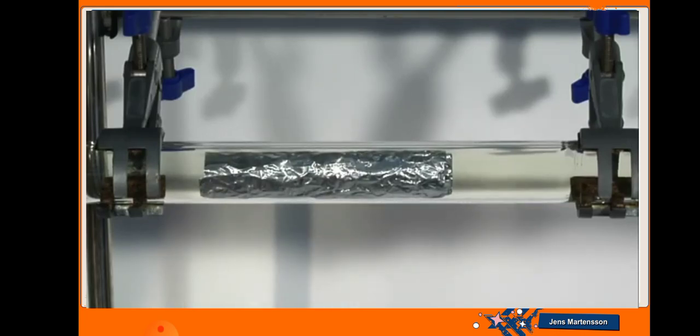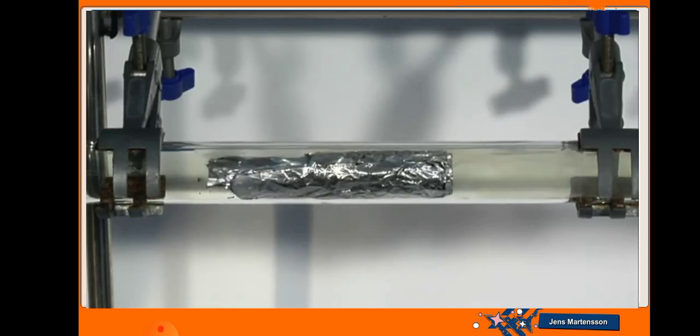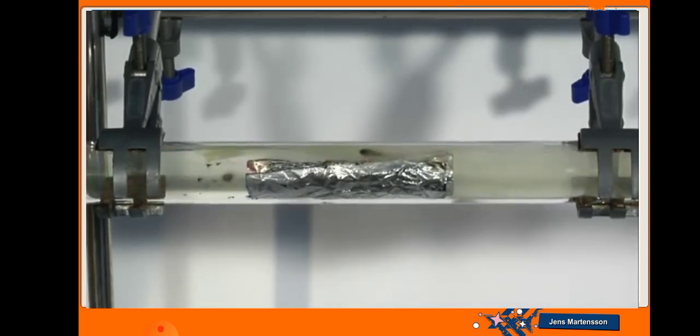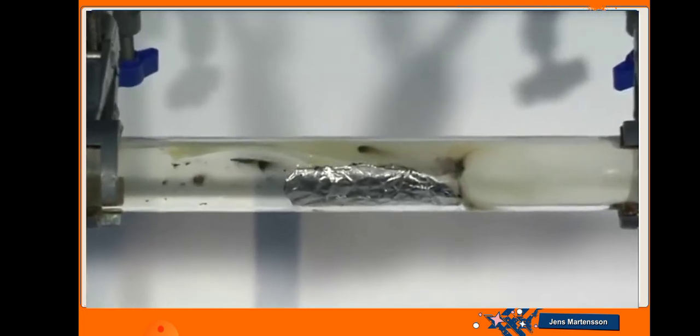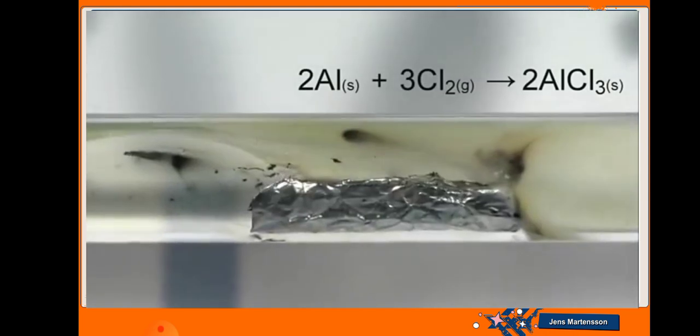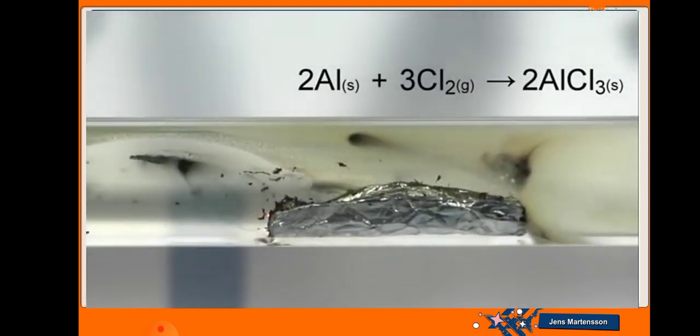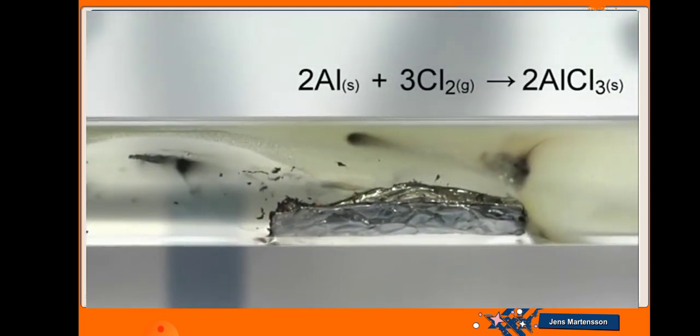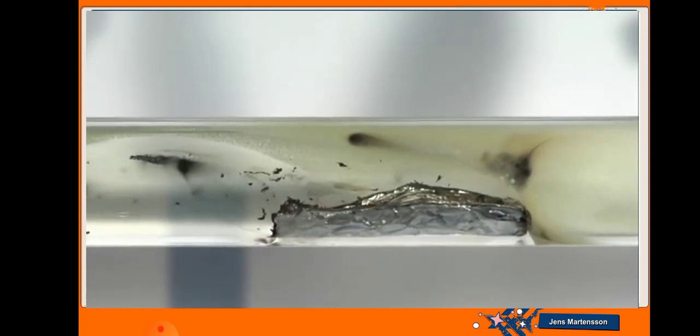So what happens when we heat it? The chlorine will react with aluminum. You can see the aluminum foil totally melts and reacts. Pale aluminium chloride forms at the cooler end of the reaction tube.